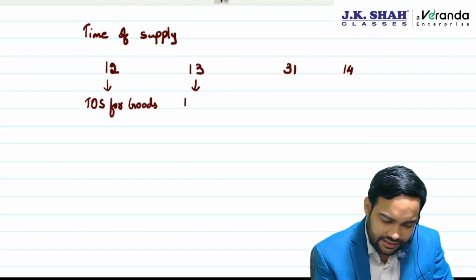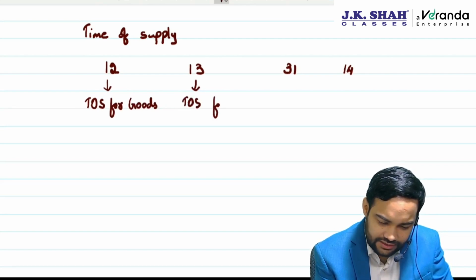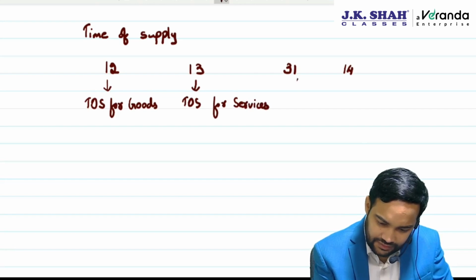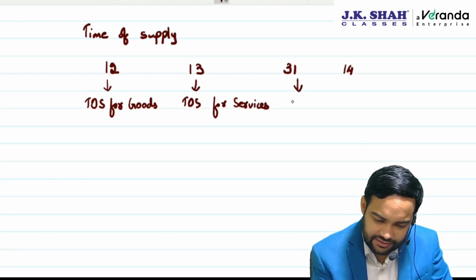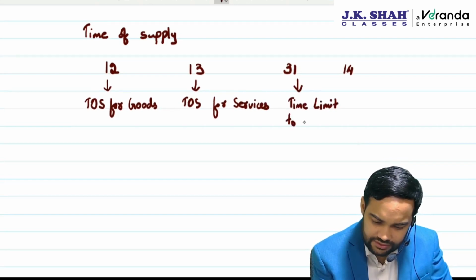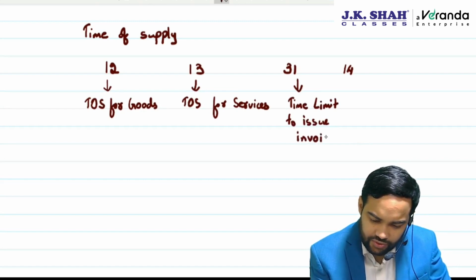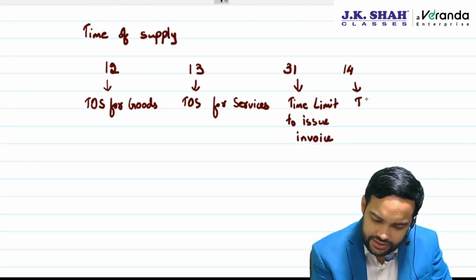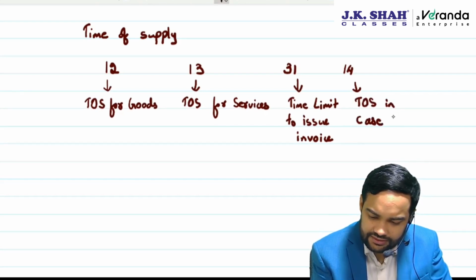Section 13 deals with time of supply for services. Section 31 deals with time limit to issue invoice, and section 14 deals with TOS in case of change in rate of tax.